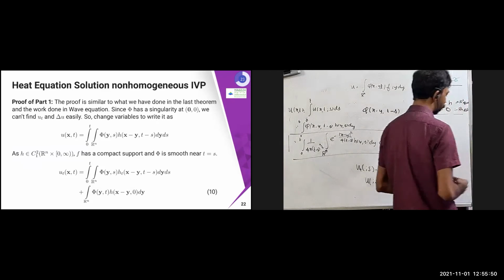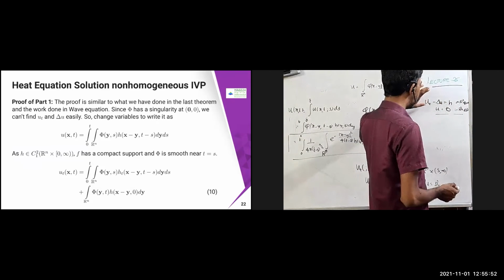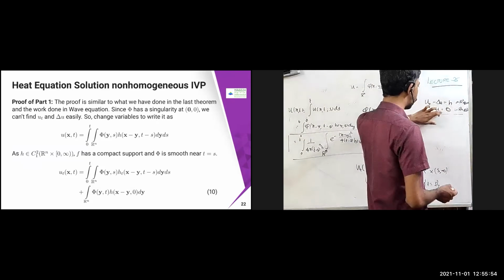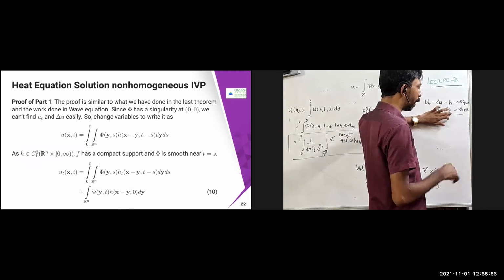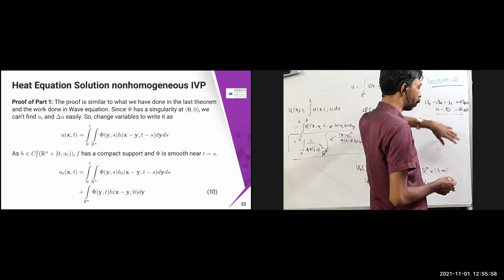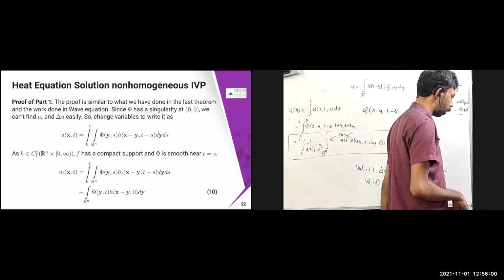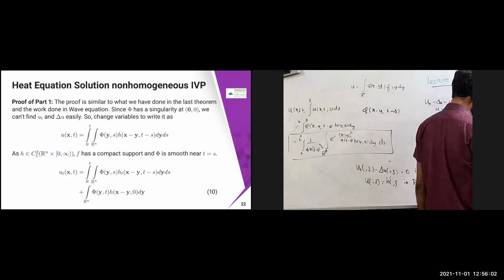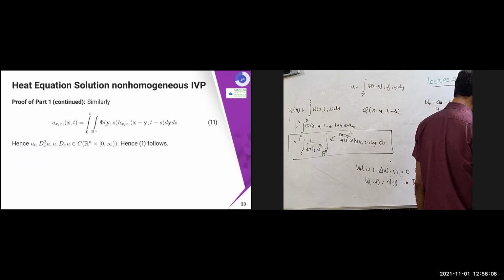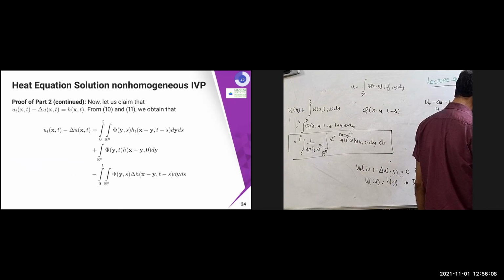Understand the major difference: for the homogeneous PDE, if the boundary condition itself belongs to C of R power n, then u belongs to C infinity. But here we are not going to prove that; it is u belongs to C^2_1 only. This we'll prove in the next class.